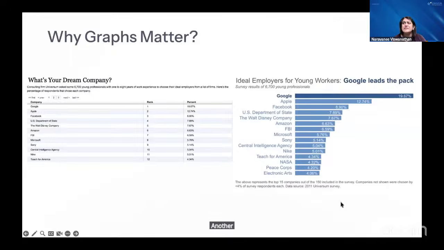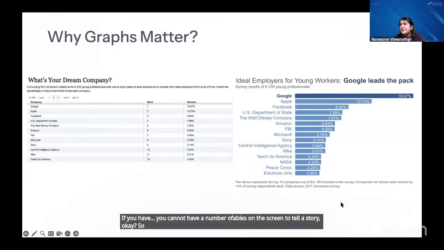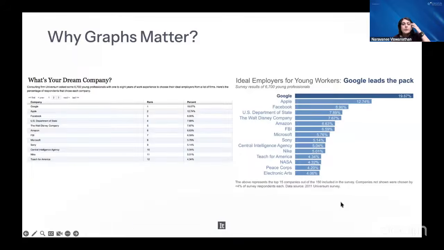Another advantage is you can have a number of graphs on a screen to tell a story, but you cannot have a number of tables on the screen to tell a story. Our human mind is widely capable of connecting graphs and creating a narrative. So that is another advantage. Is it clear when I should use a graph?